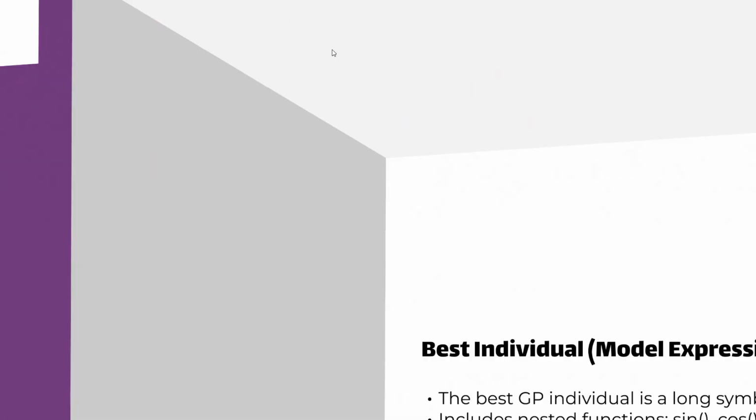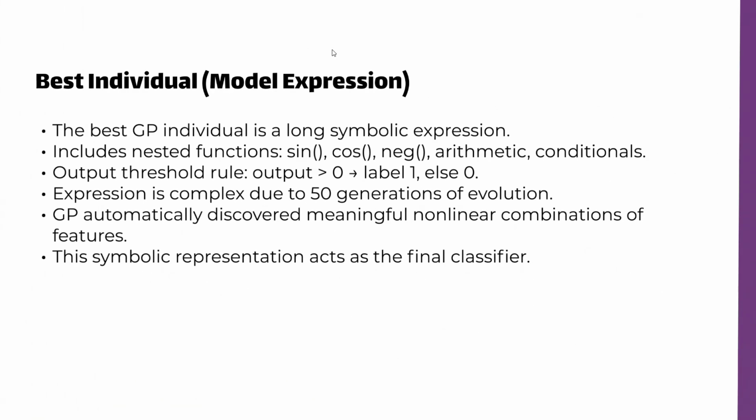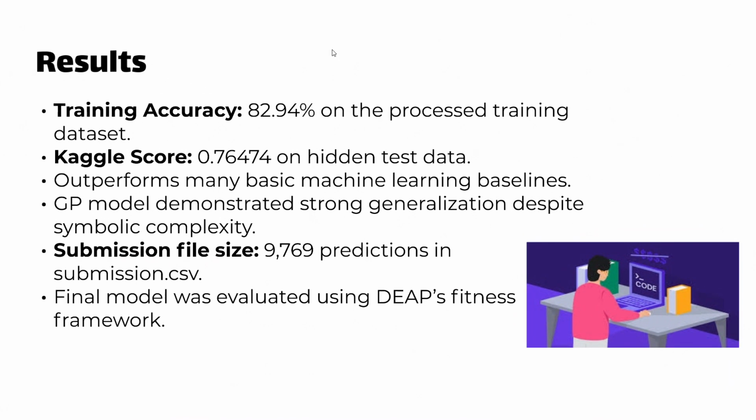Now, moving on to the results, our final model has achieved a training accuracy of 82.94%, which indicates that GP successfully learned complex decision boundaries without overfitting too much. We used the best symbolic expression to generate predictions for the test dataset and submitted them to Kaggle.